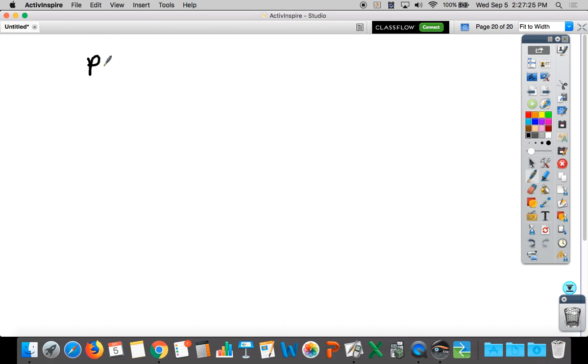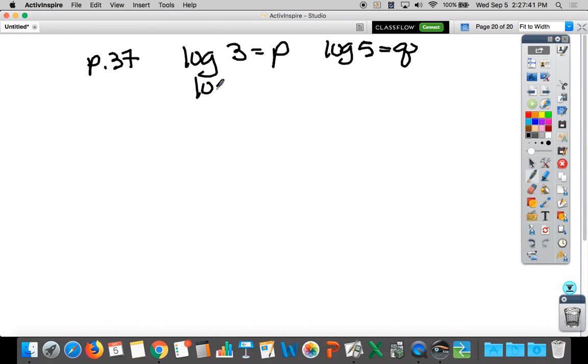Look on page 37, and let me show you what was getting last period confused. Write down how things are defined at the top. All right, so we have 3s and 5s and 10s.